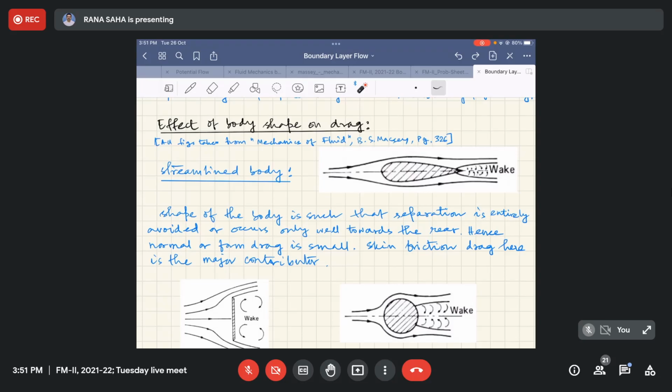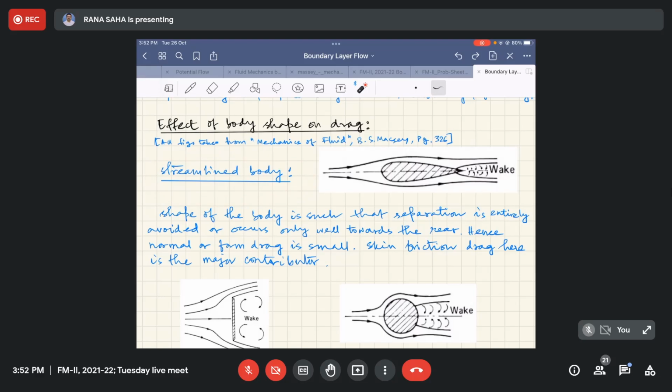So if we can delay the boundary layer separation, or in other words, if we can shift the separation points more and more towards the rear end, typically like this, you can see that the wake region is being minimized. That is achieved by having a particular form or shape of the body, denoted as a streamlined body.